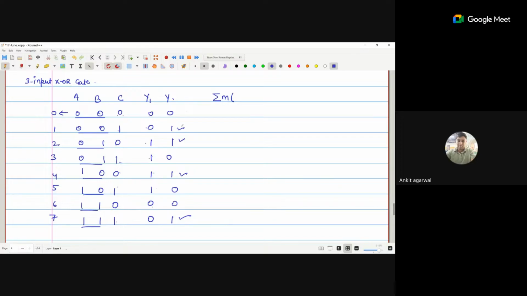So where will the output be 1? At 1, 2, 4, and 7. Or I can write it as M1 plus M2 plus M4 plus M7.